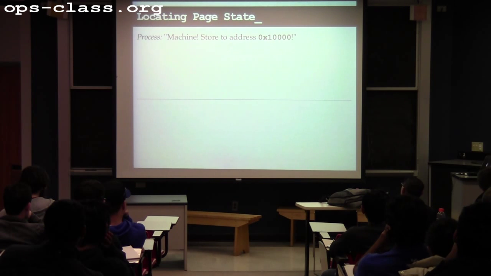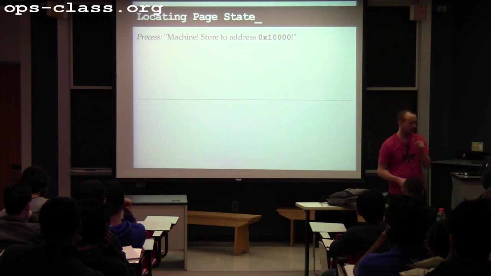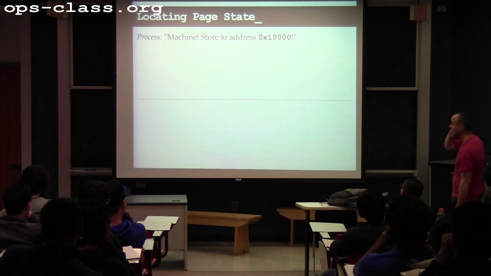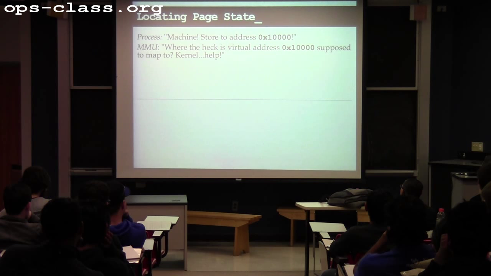So let's walk through the process that takes place when a process tries to address virtual address hex 10,000, right? I've got these page table entries. That's great. I have a way of representing the state. I need to map them. So the MMU says, I don't know where this page is. I need help from the kernel. The kernel gets involved.